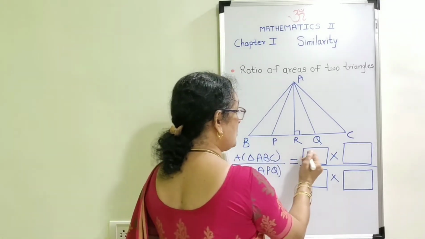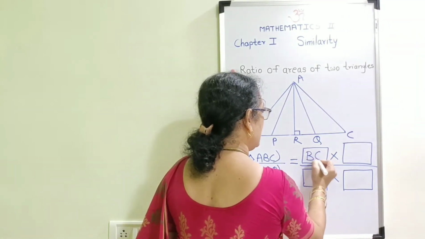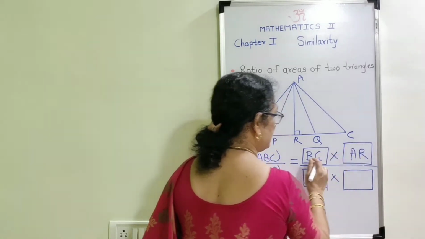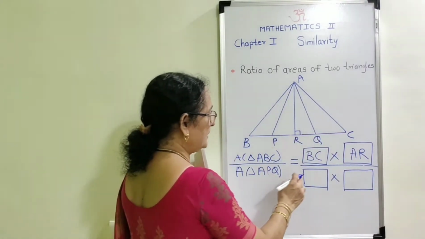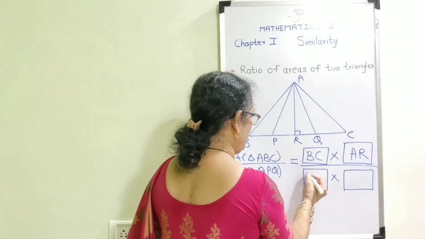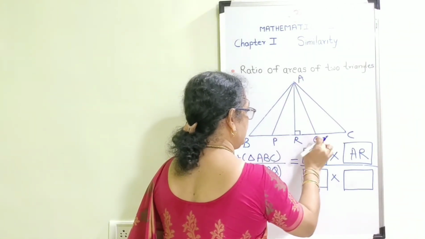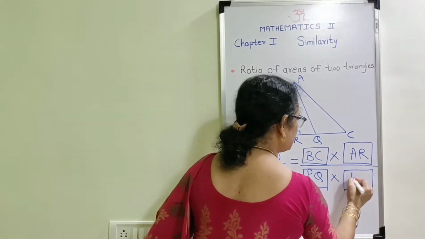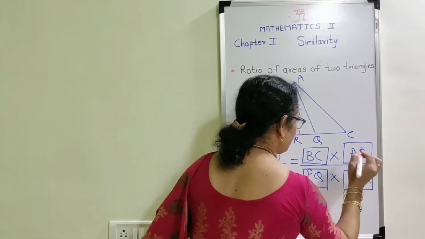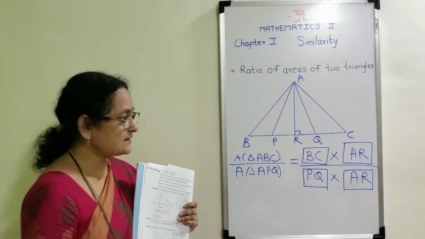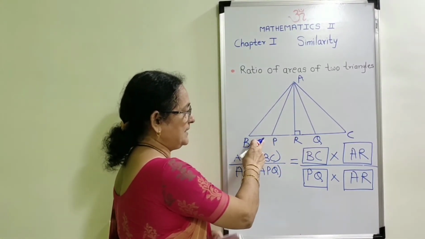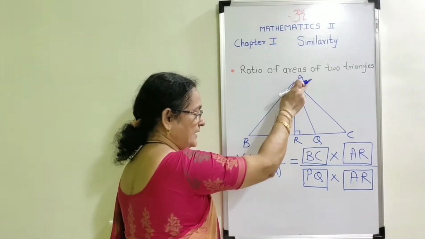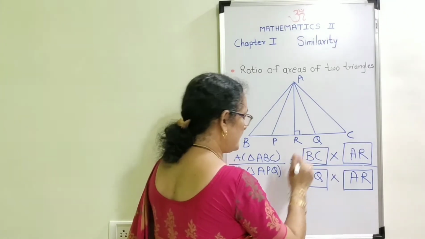Now, base of the bigger triangle is BC, height of triangle is equal to AR. Therefore, BC into AR. Again, base of second triangle APQ is PQ and height of this triangle is also AR. Since we have already discussed that when the bases are collinear and the triangles are having a common vertex, their heights are equal.